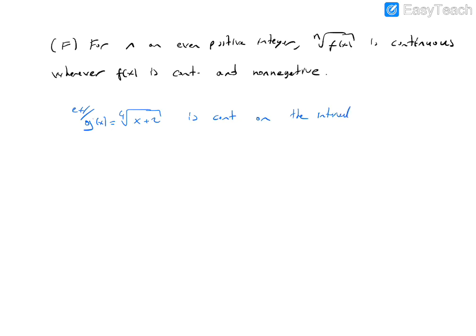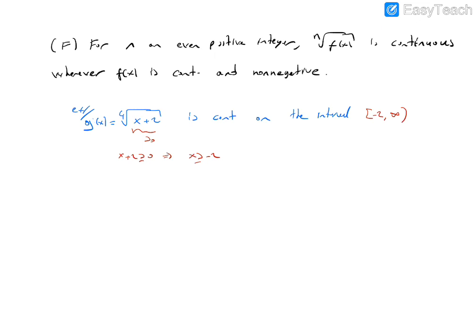Not on all real numbers. X plus 2 has to be at least 0. X plus 2 greater than or equal to 0 implies x is greater than or equal to minus 2. It can be 0. So on the interval [minus 2, infinity).